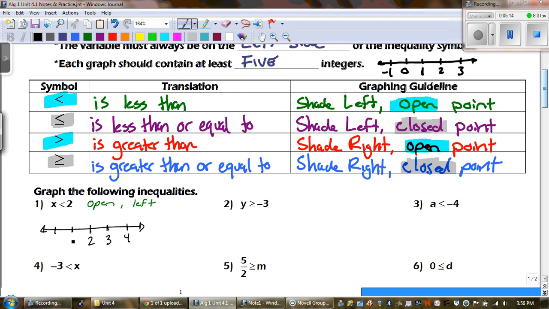So 2 minus 1 is 1. 1 minus 1 is 0. Okay? And now comes the fun part. So it's an open point, so I'm going to draw an open circle, and we shade to the left. Notice how I did that. I clearly noted that I shaded to the left.